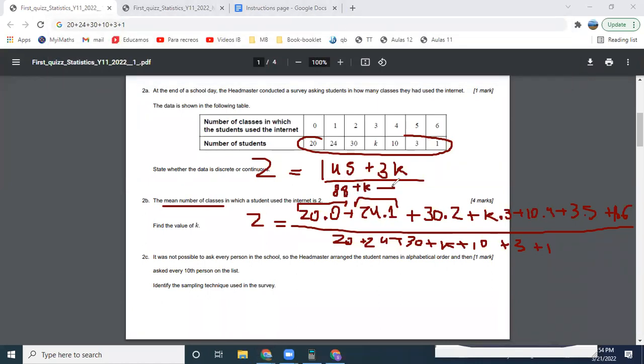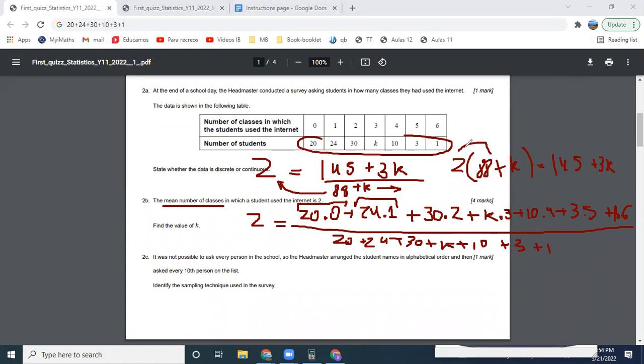Okay, so this is the total amount of students that we still don't know because we need the value of k, and this is the amount of classes in total. So now, if we multiply 2 with this number, we get 2 times 88 plus k is equal to 145 plus 3k, right?